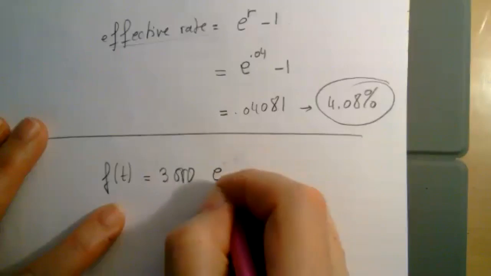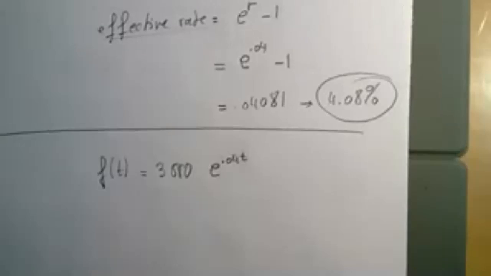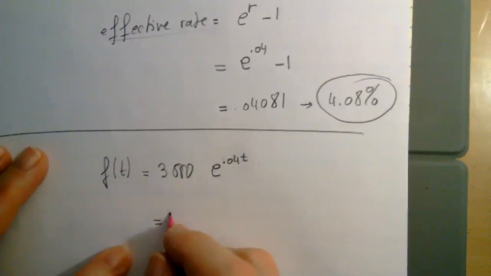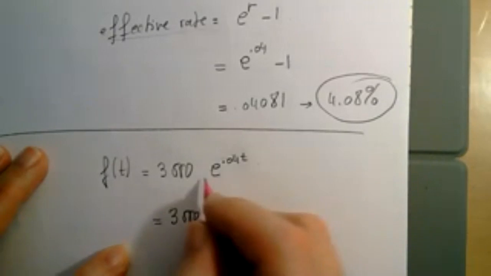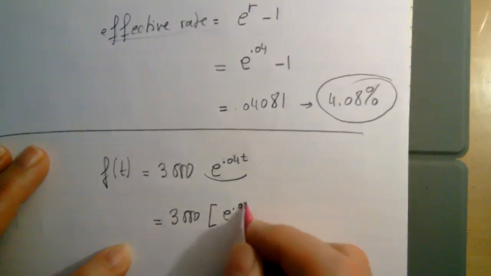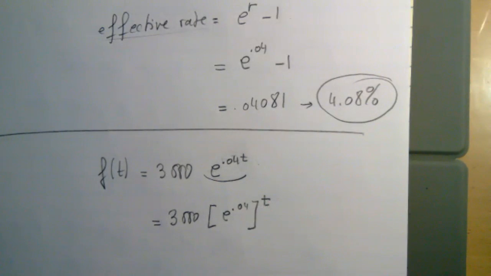That's the formula. Now, that's where the difficulty is. I rewrite that in the following format: e to the 0.04, the whole thing to the power t.